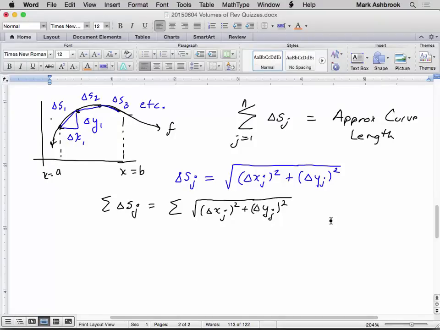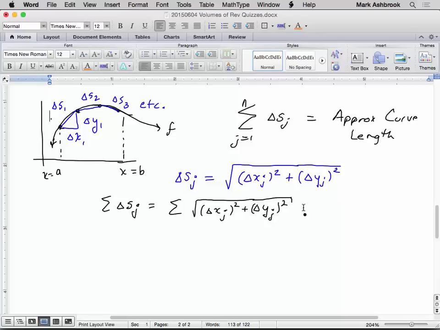So now the integral is taking form here, because we know the integral is the sum of all the little bits, and this is exactly the same thing, a sum of all the little bits of segments. But with an integral, if we're going from x equals a to x equals b, we're going to need dx as part of the deal.